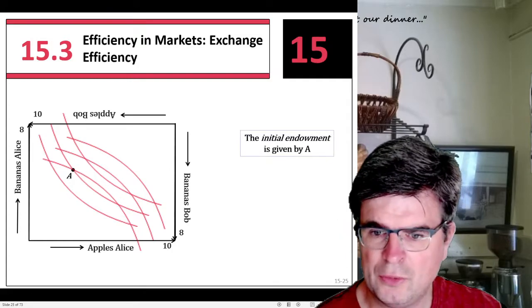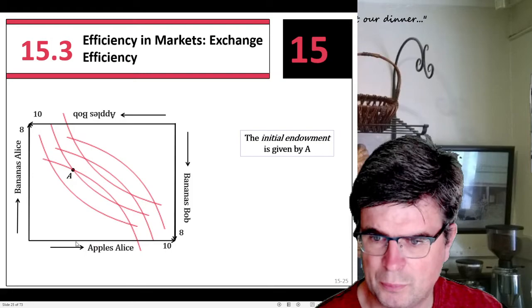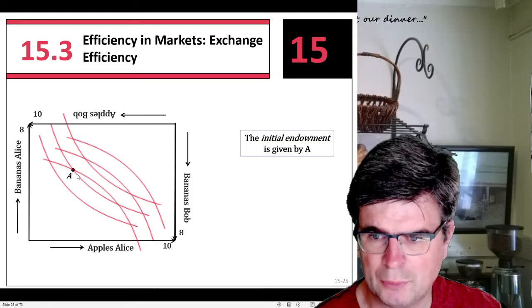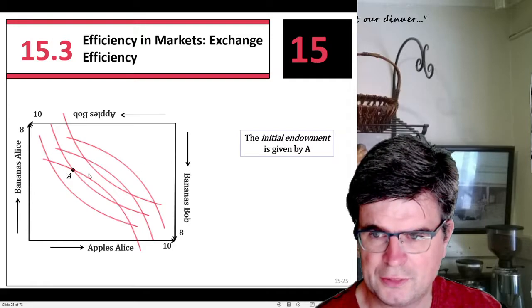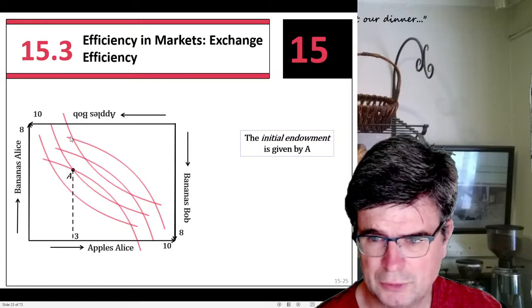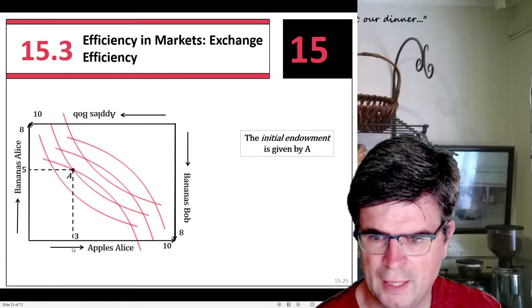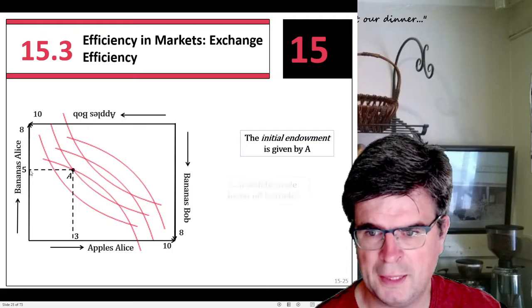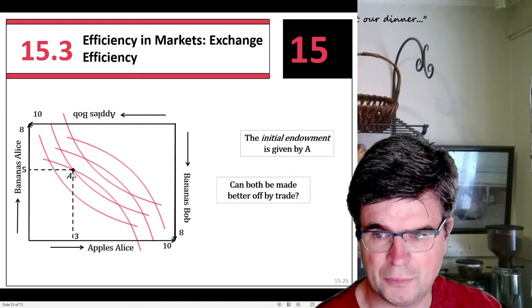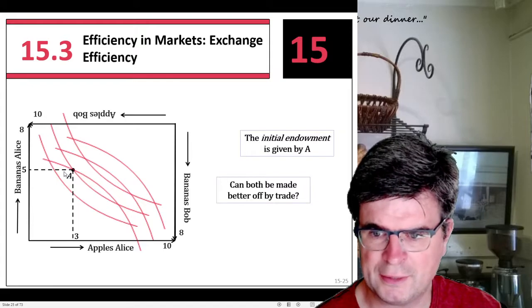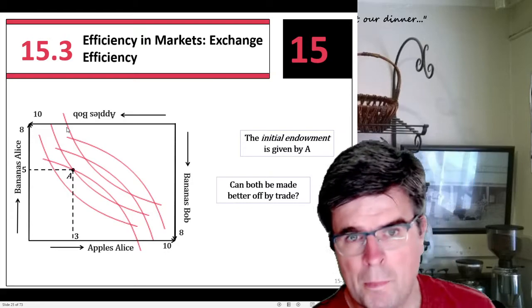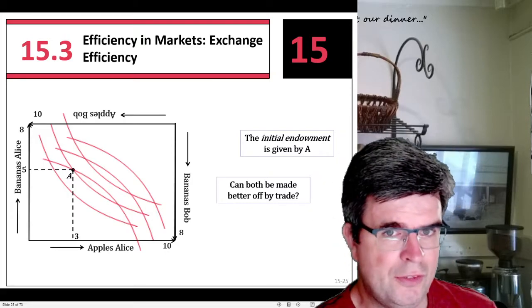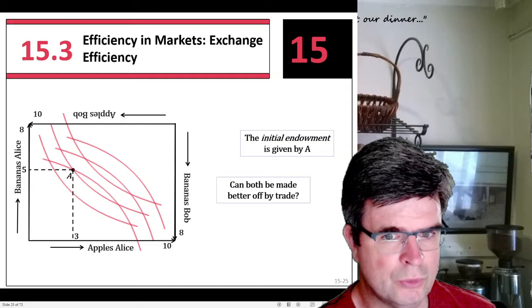This is the allocation where Alice starts out with 3 apples and 5 bananas, and Bob has the remaining bananas. So he has 3 bananas and he has 7 apples. So point A is the initial allocation. This is what they have to start out with.